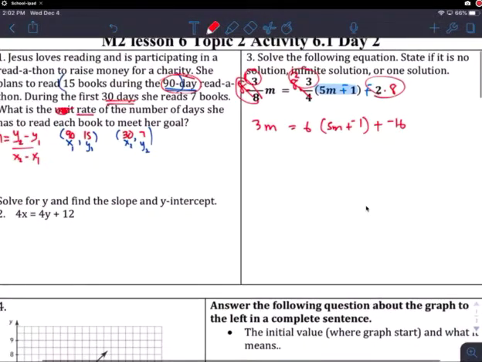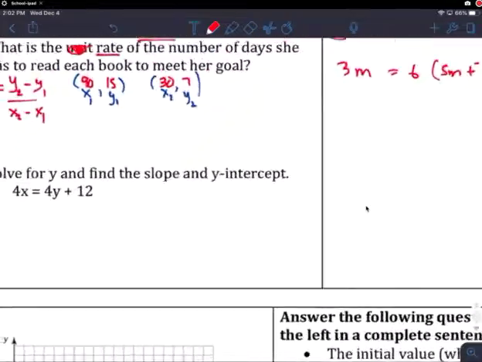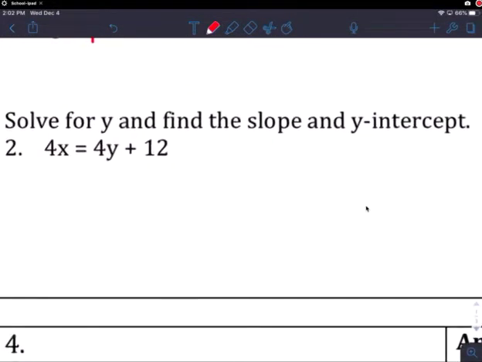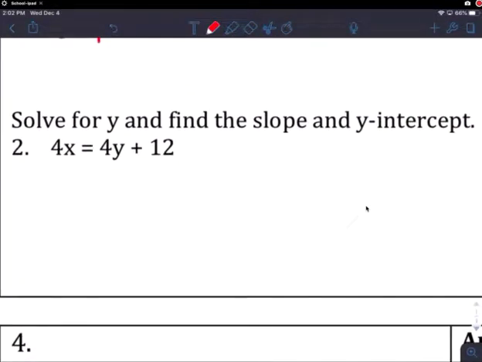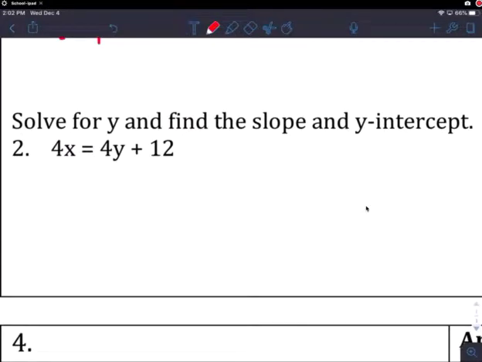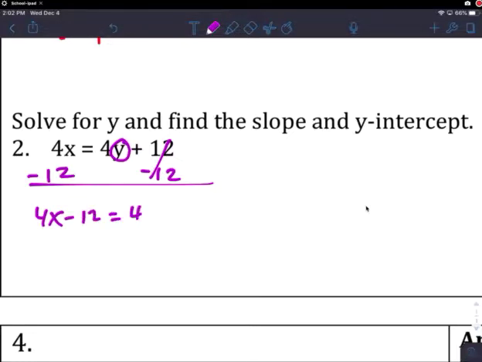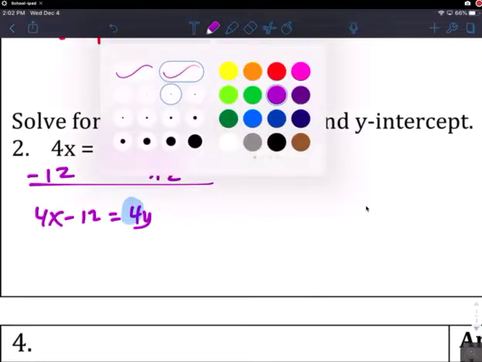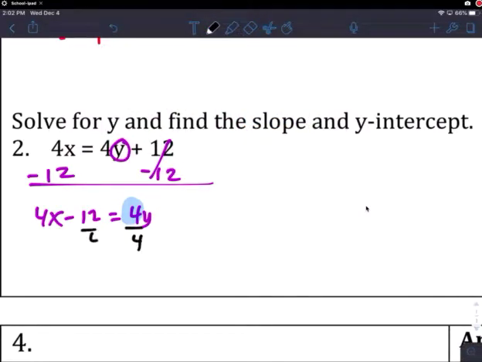Okay, now this is important. This is y equals 11. You need to know how to solve these problems. We did this all in class, but for those who are absent, you're isolating the variable y, so you minus 12. 4x minus 12 equals 4y, and then you want to solve for y, so you get rid of the 4 by dividing all by 4, and additive inverse helps you see that it's a negative 12 and not a positive 12.